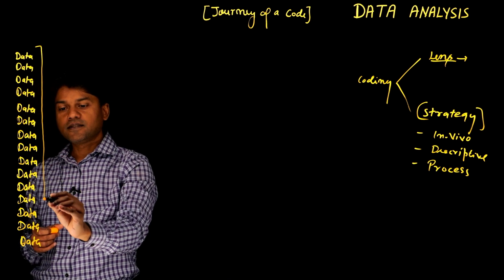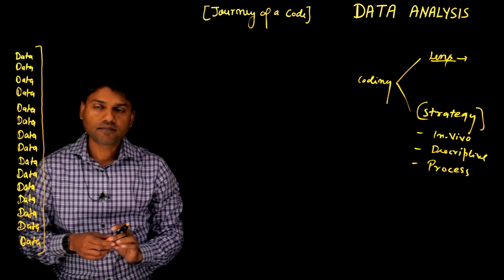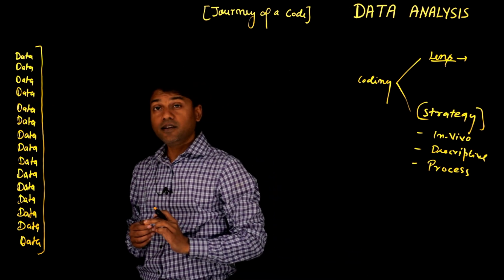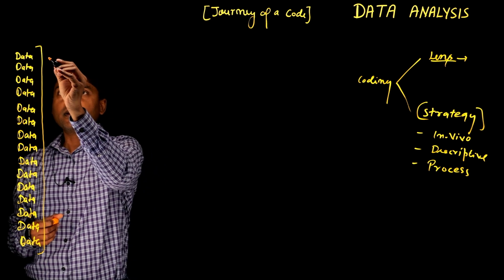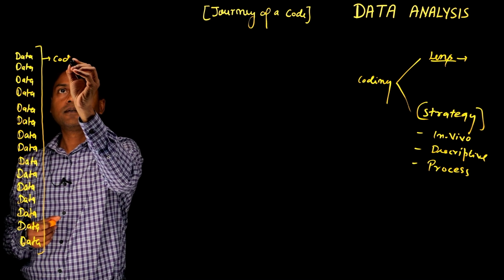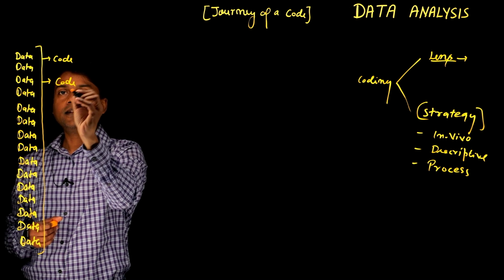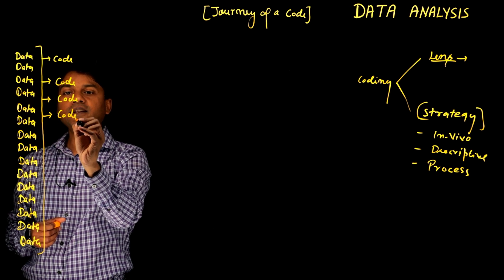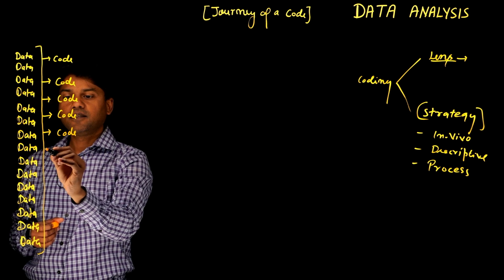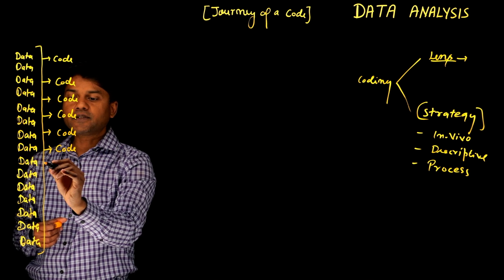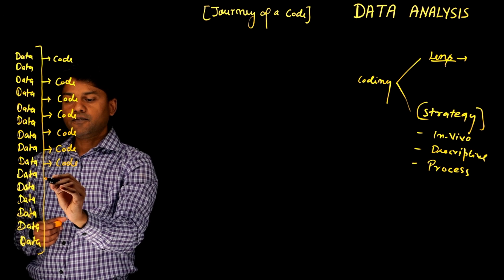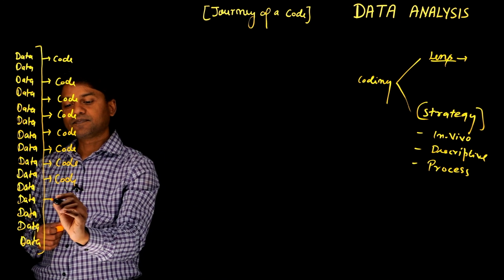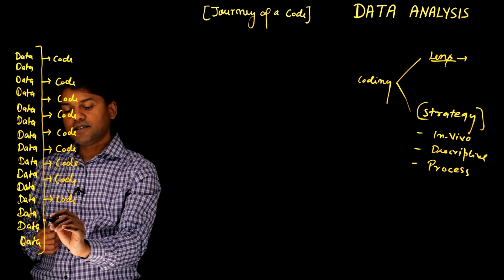So this is the data. As a qualitative researcher, when I start coding, let's say you generate codes, and let's say this is my initial round of coding, and I'm creating these codes from the interview transcript, from field notes, from document analysis.